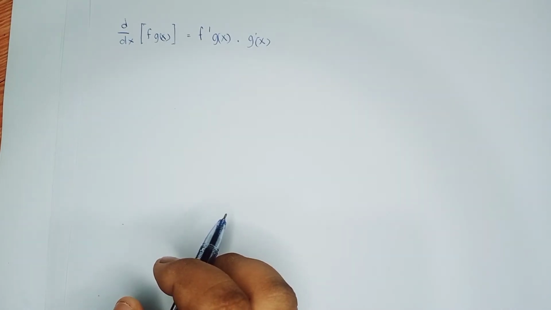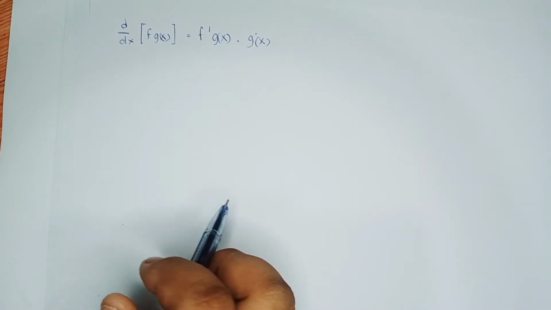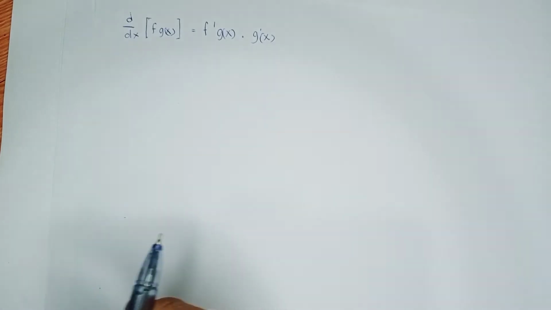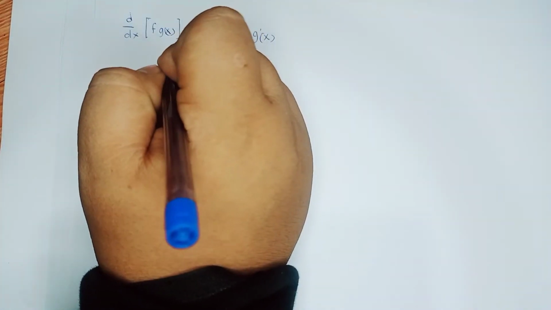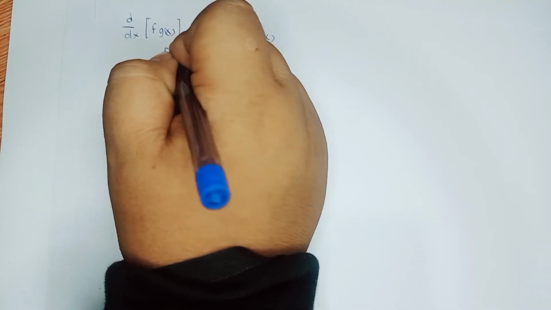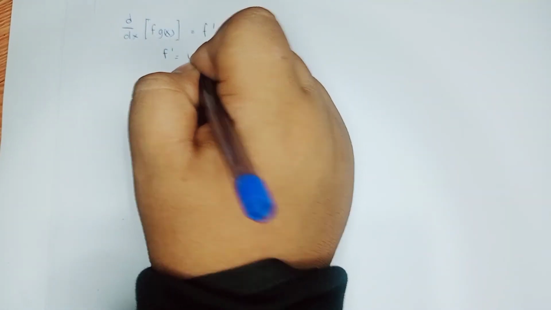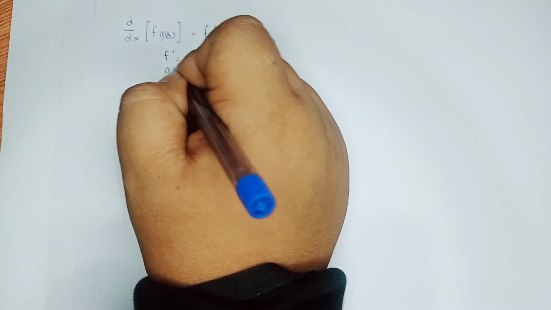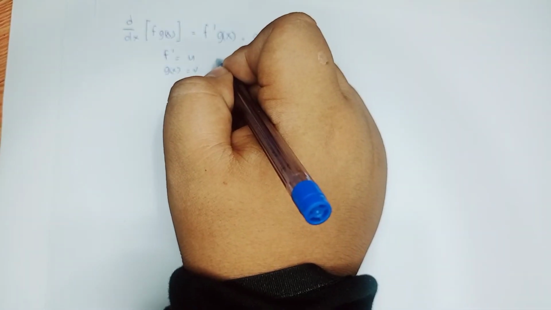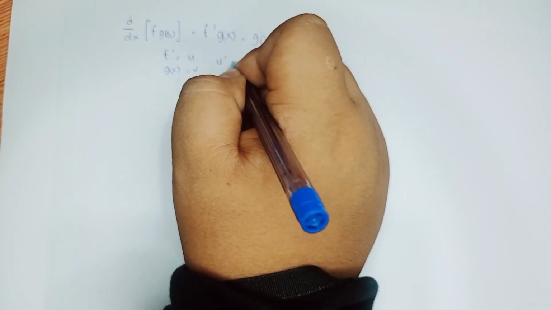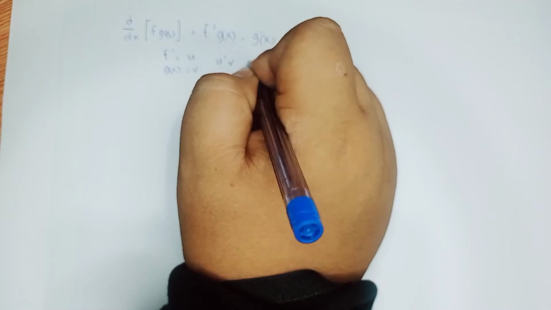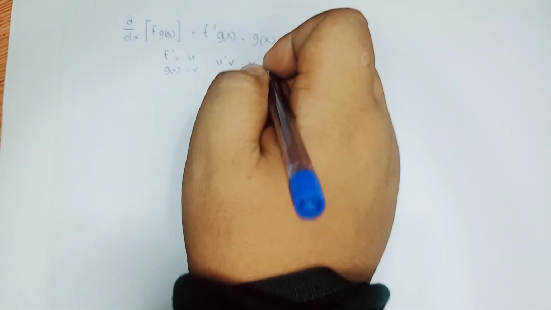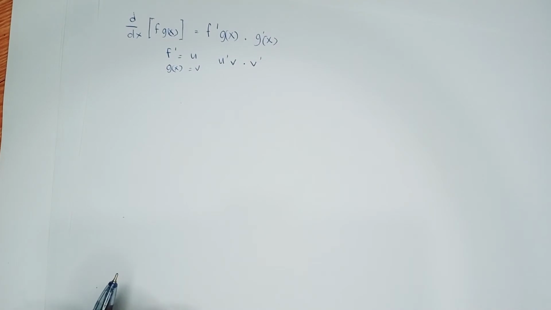In solving the derivative of a trigonometric function, we will be using this formula where the derivative of f of g of x is equal to f prime of g of x times g prime of x, or simply, f as u and g of x as v, where u prime times v prime is the formula that we are using.